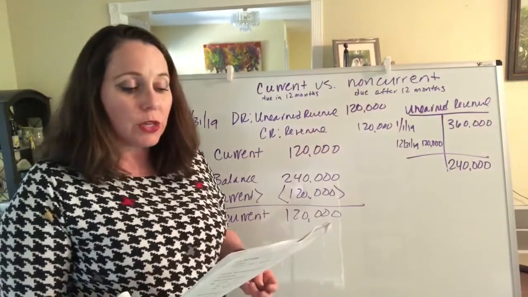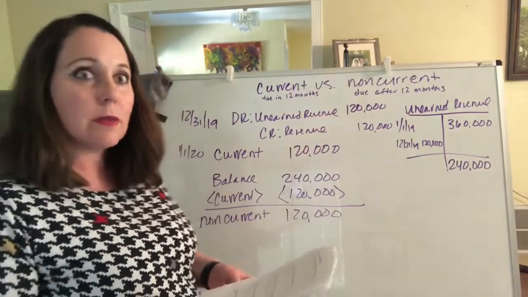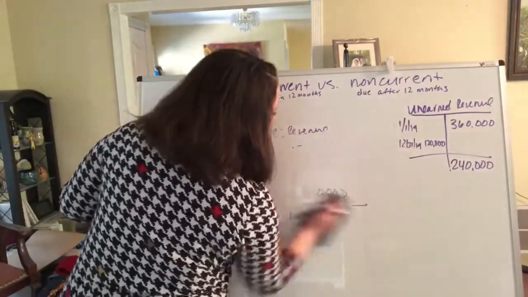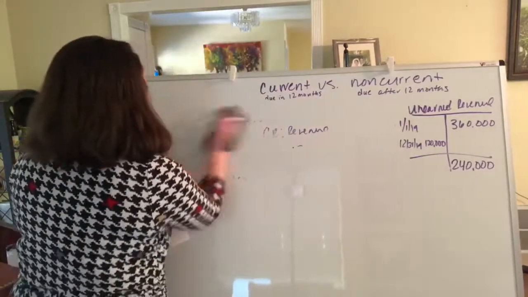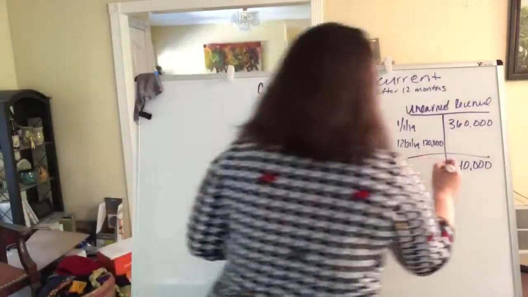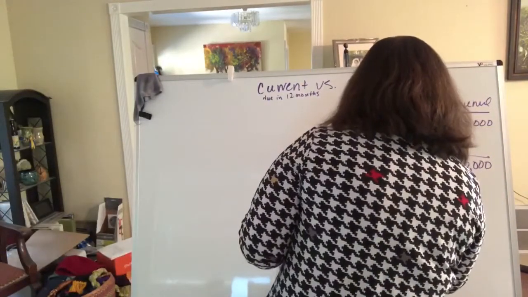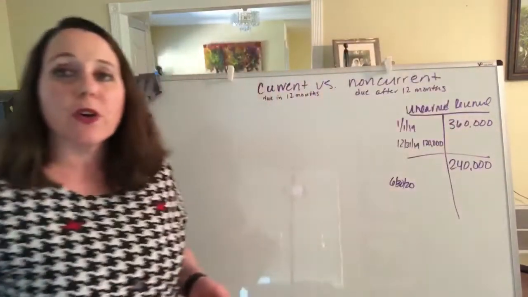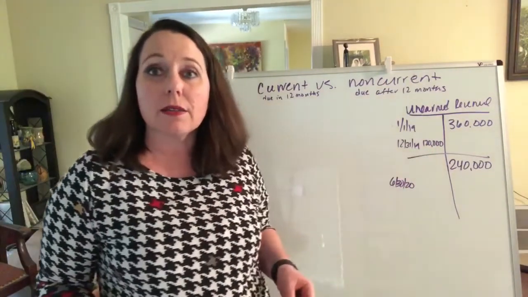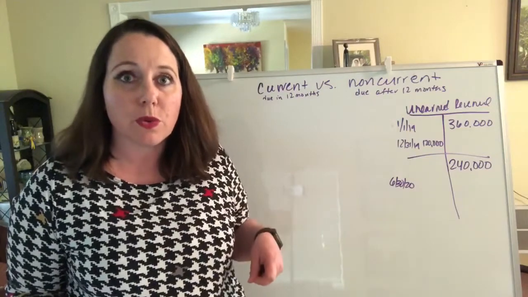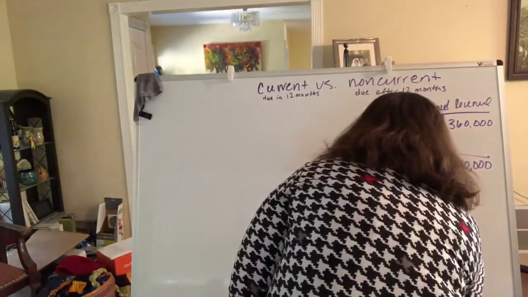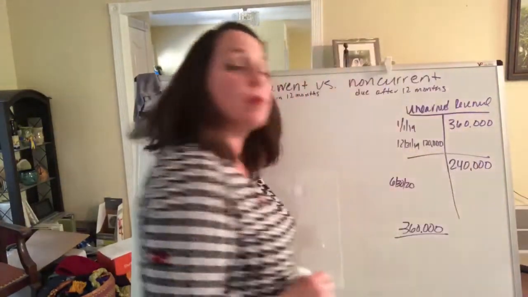So next, on 6/30/2020, we recognize 6 months worth of revenue. So let's do that. On 6/30/20, we are going to recognize 6 months worth of revenue. All right, so if 120,000 is 12 months worth of revenue, then 6 months worth of revenue is 60,000. Another way to look at it is we originally sold a subscription for 360,000.